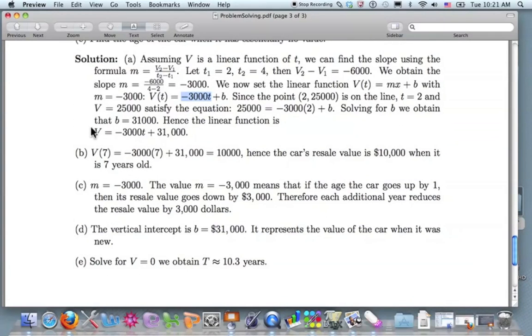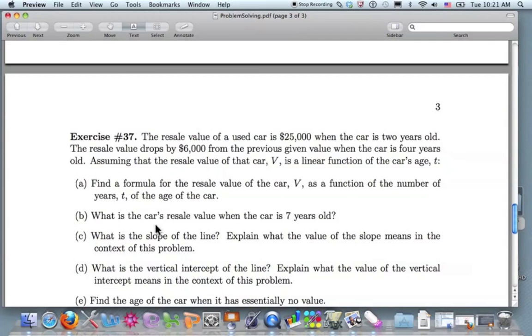So here comes the equation: v equals negative 3,000 t plus 31,000. Using that equation we can answer question b, what is the car's resale value when the car is 7 years old, and that is easy. Plug in 7.